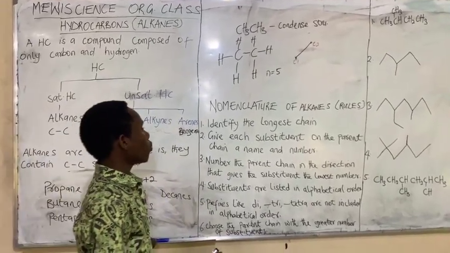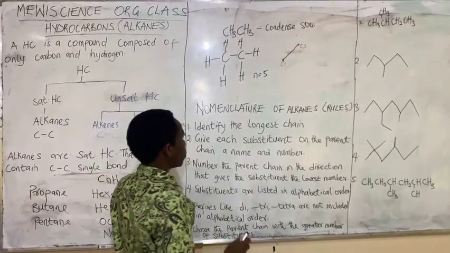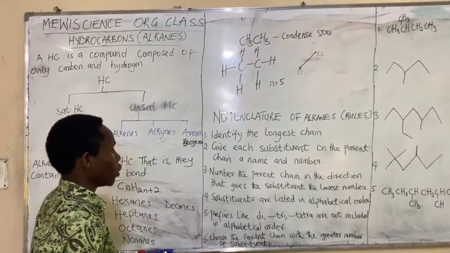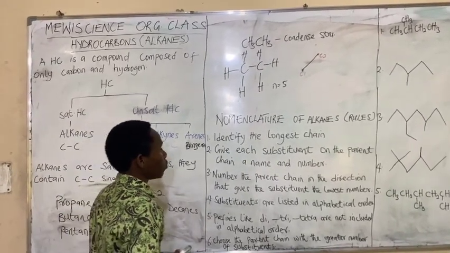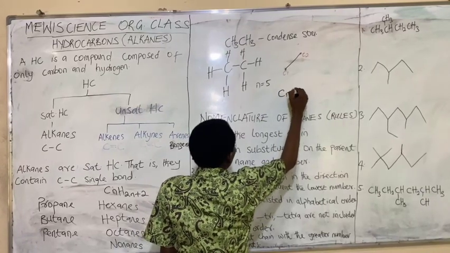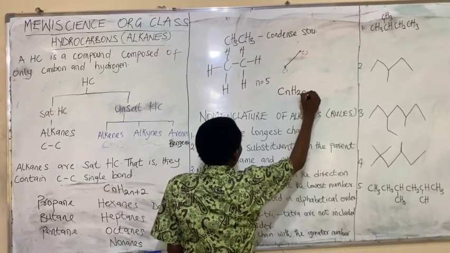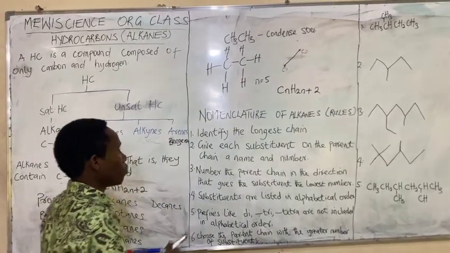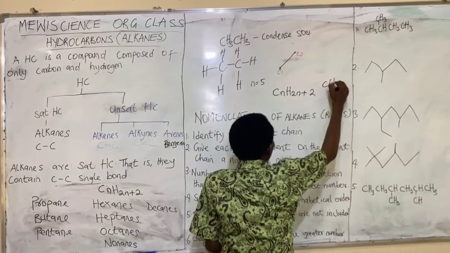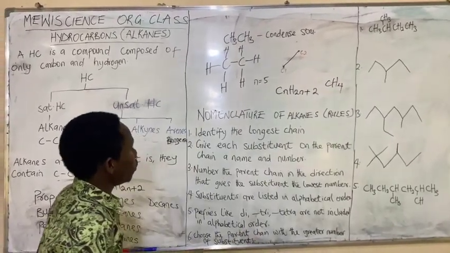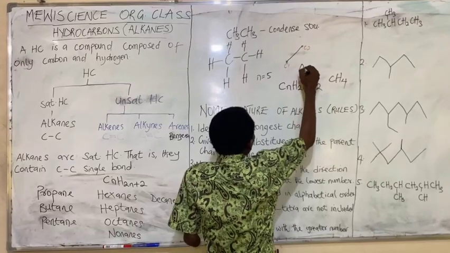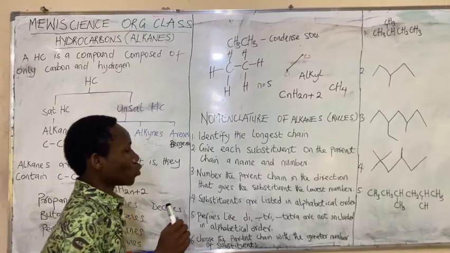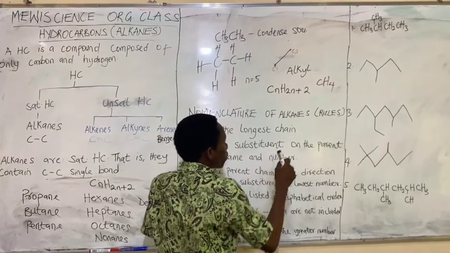Okay. Before we look at how to name alkane, we have to know what we call the alkyl group. Remember I said alkane has this formula, CnH2n+2. That's for alkane. For example, we have our methane, the simplest alkane. In the alkyl group, we are removing one hydrogen from an alkane.